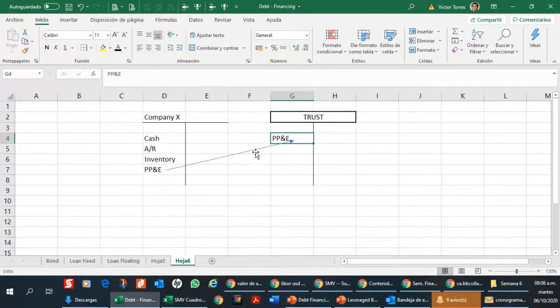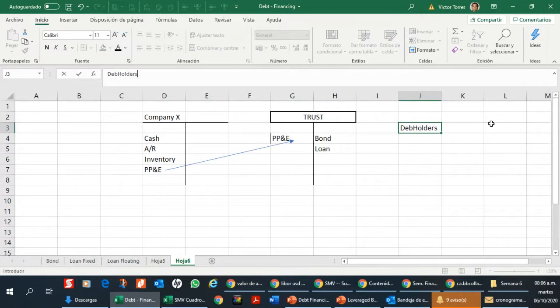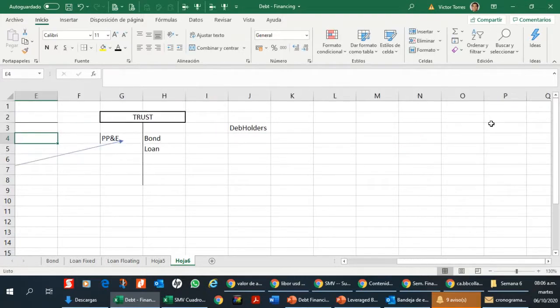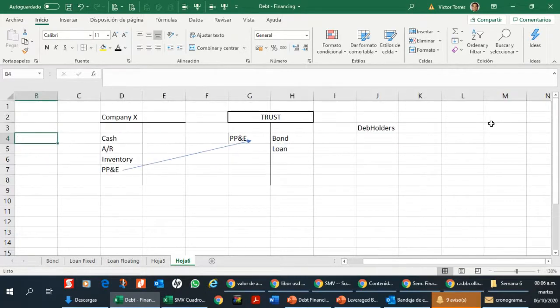And what we are going to be doing is issuing, as I'm saying, a bond here, or a loan that is going to be giving us the financing. So this trust is going to be the structure, and this is going to be acquired by the debt holders, who are going to be here: family offices. Whoa, I activated an array without meaning.